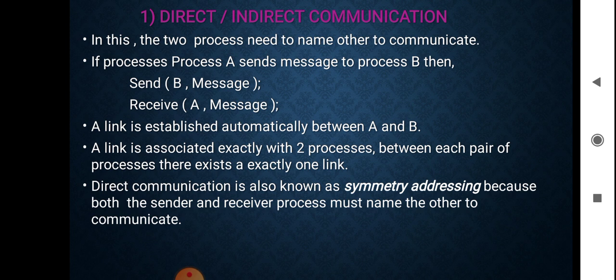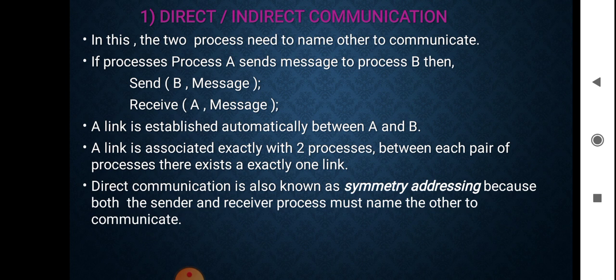Under direct communication, if two processes want to communicate, then both processes need to name each other. That means we have to specify the names. Clear? For example, if two processes, A and B, want to communicate, then, as I told you in the last slide, we require the two basic primitives.